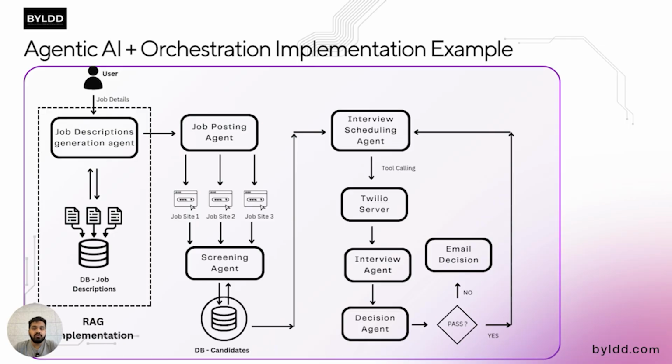For example, we've built a recruitment platform that uses Twilio to call candidates, interviews them, grades them against a hiring matrix, passes or fails them, and then schedules the next interview on the hiring manager's calendar, replacing an entire junior recruiter. This is a multi-agent workflow where you have multiple different AI agents interacting with each other.